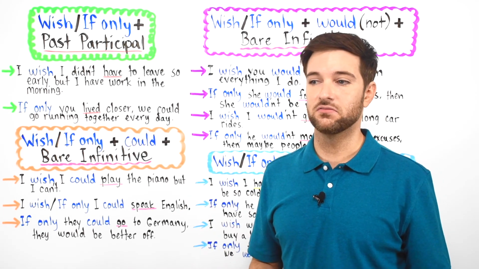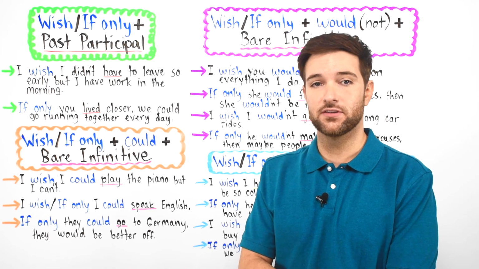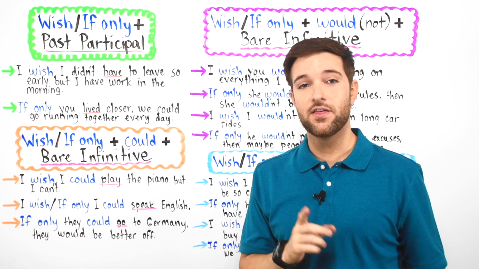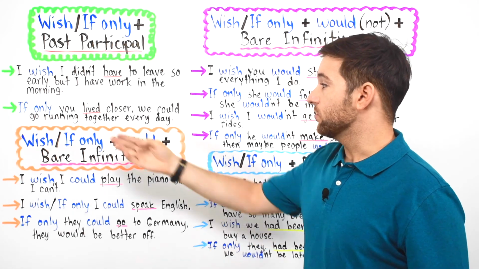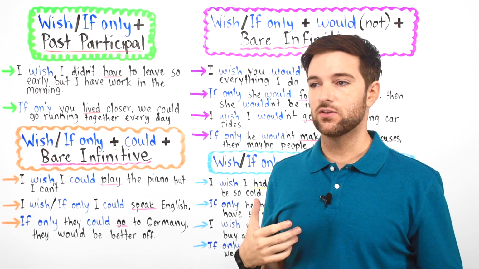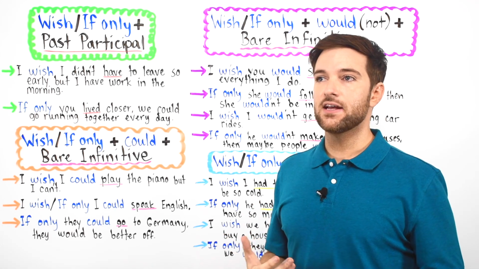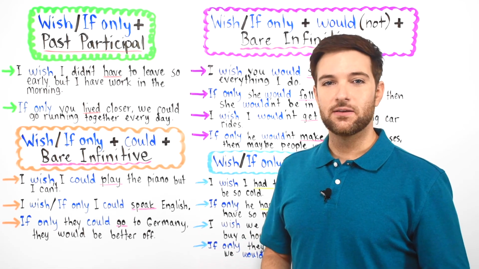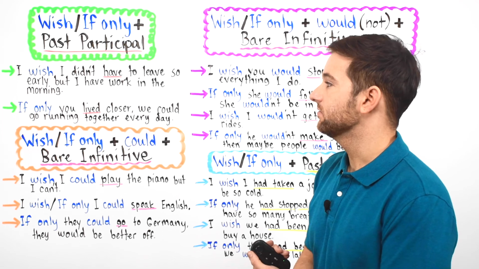They live, I don't know, very, very far away from each other. But, you know, if the situation was different, then they would go running together every day. So it's a desire, it's a wish, it's a desire that something would be different in the past, you know?